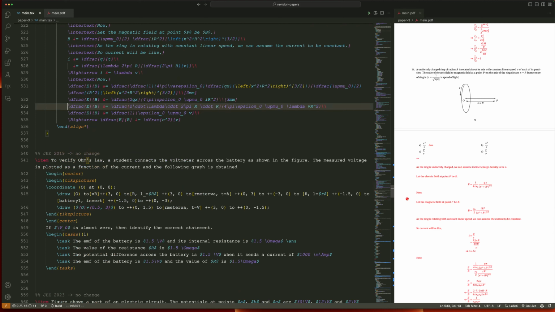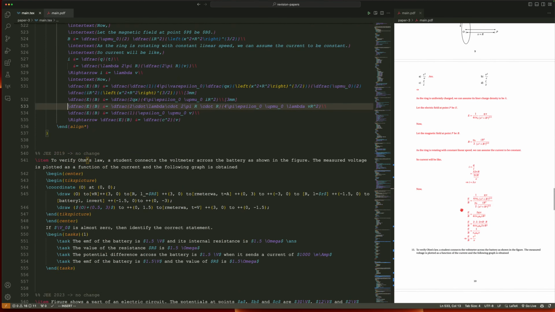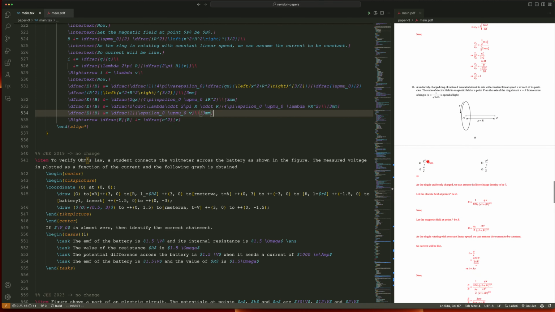But if you are using the derived expressions for the electric field and the magnetic field, it's okay. It's not always going to be this complex. We'll get a simple equation every time. And let me put 3 mm here as well. Oof. Yeah, it was difficult.